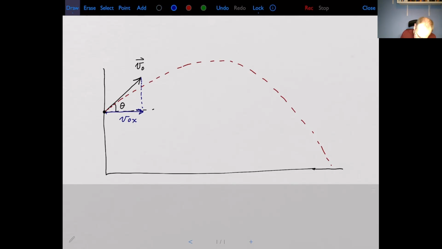And if I project over to the y-axis, this is v naught y, the y component of that initial launch velocity vector.